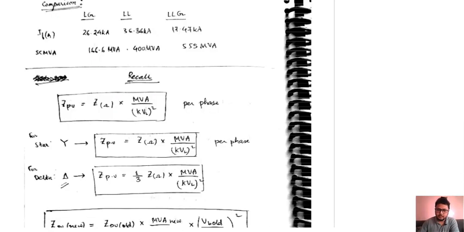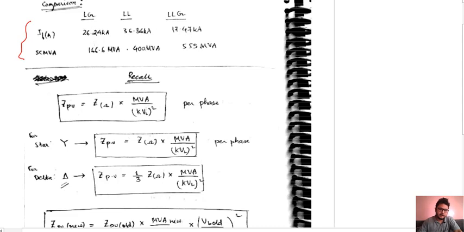Okay, whatever we have done till now, first let me compare all three problems: LG, double L and double LG fault. See the current. Which one is more severe?